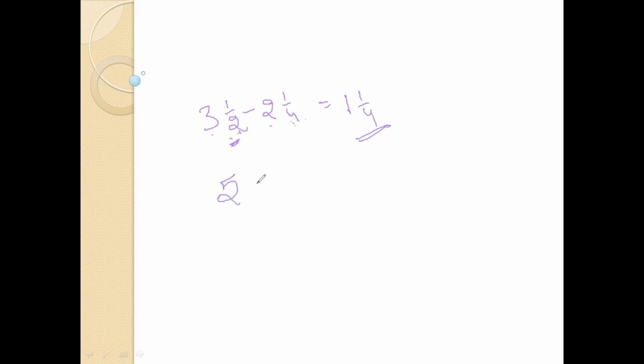Now suppose the value is 5 1/2 minus 2 3/4. Here we observe that half is lesser than 3/4. Whenever this value is lesser than the other, we take one as carry from the whole number. The remaining value is 4, and 4 minus 2 is 2.